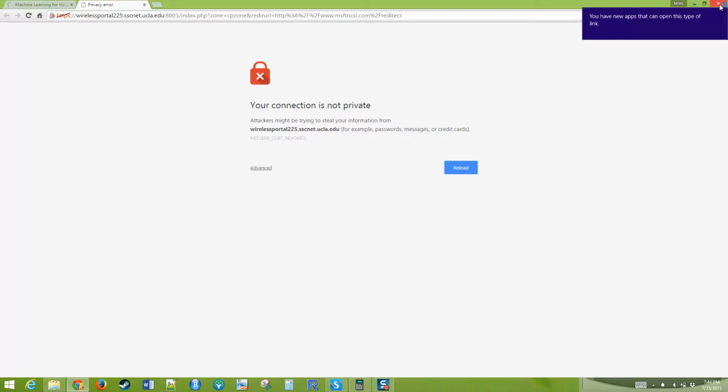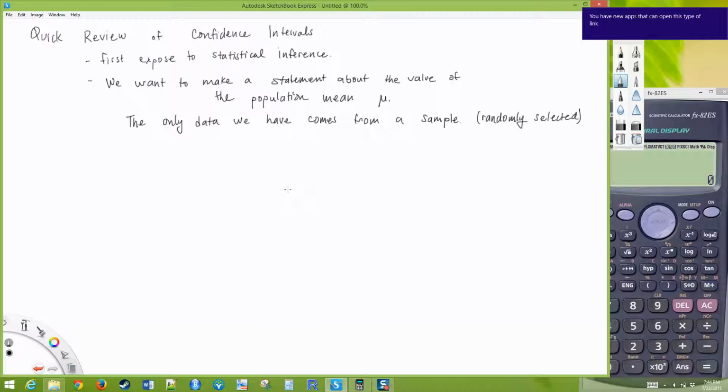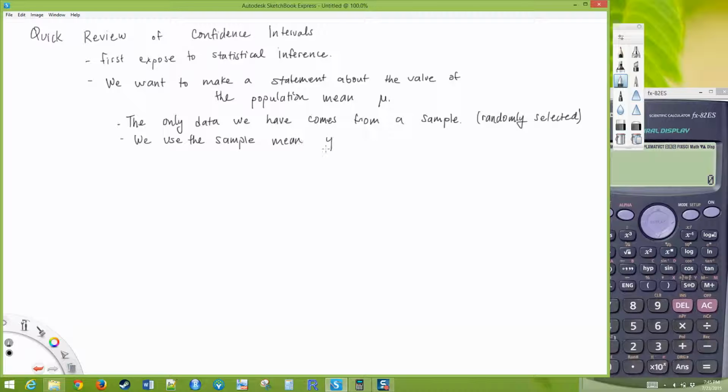Okay. So the only data comes from a sample which has been randomly selected, and so we use the sample mean as a starting point, and then we give ourselves a margin of error, and we end up saying we're this confident that the population mean is between here and here, based on what we see in the sample.